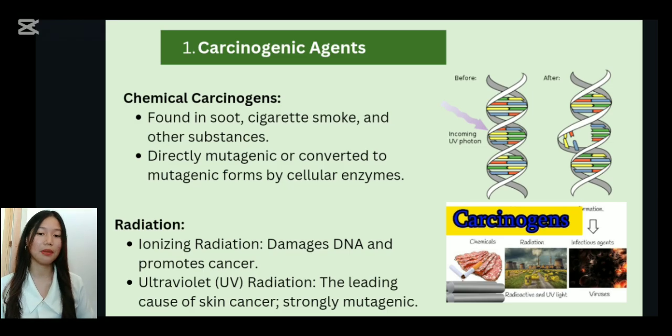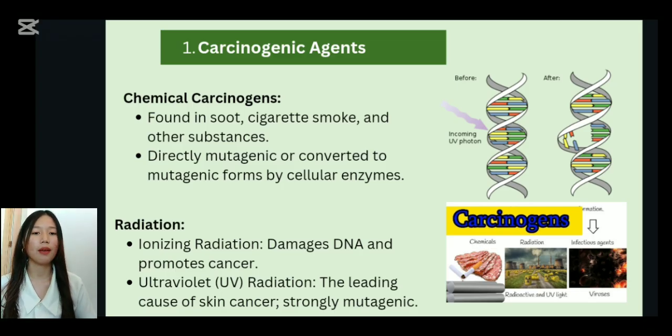So, pag-usapan natin yung mga cause ng cancer. The first is carcinogenic agents. So, the chemical carcinogens, ito yung mga harmful substances na makikita natin sa soot, cigarette smoke, and other chemicals. Like benzene sa mga ihawan, ayan. Coal, yung mga ginagamit sa mga ihawan, ayan.